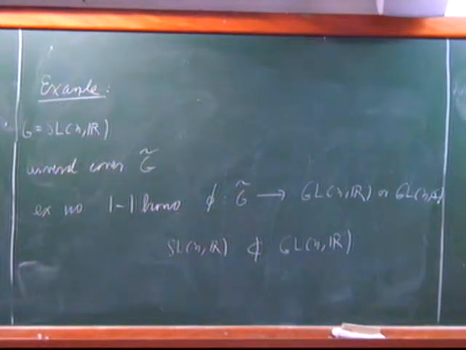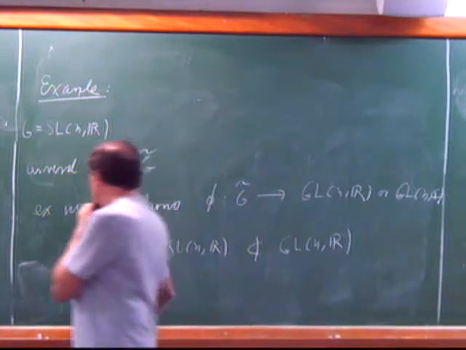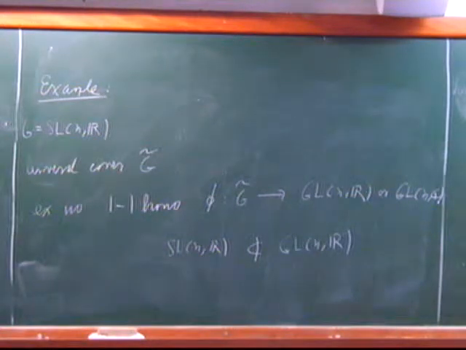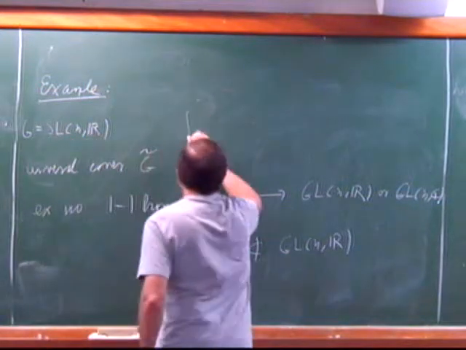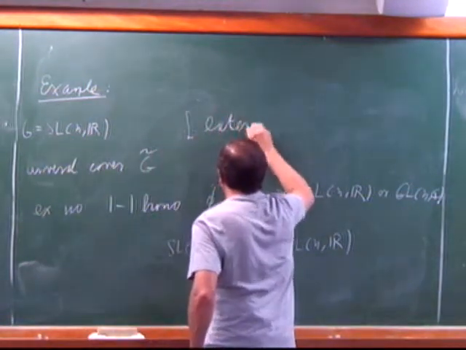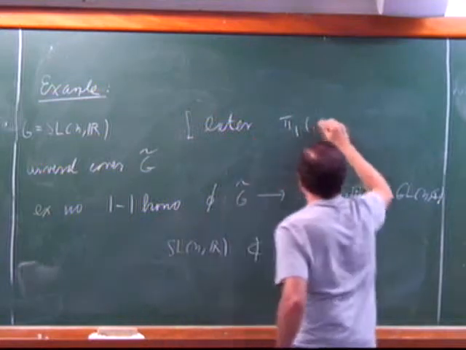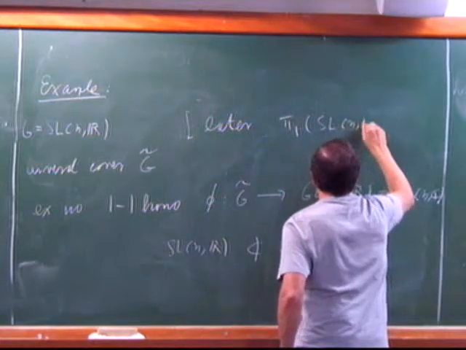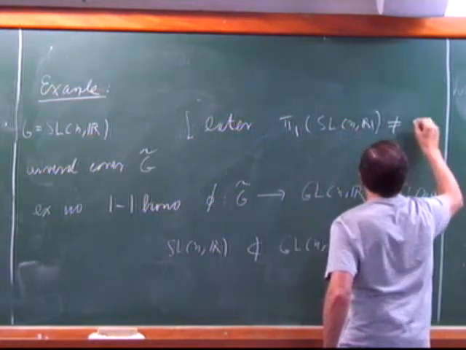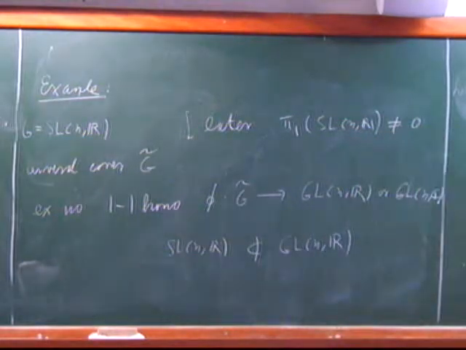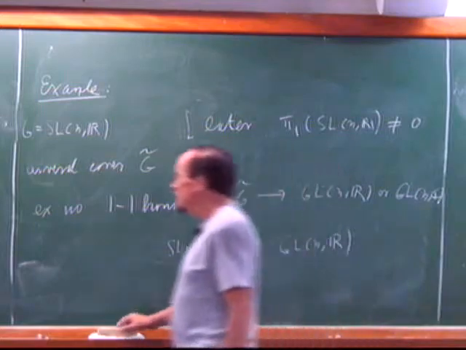So I promised that earlier on. Of course, for this to even make sense, I have to know from something we're going to see next week that the group is not simply connected. Otherwise, we'd have the same group. Right? Let's accept this for the moment that this is not a simply connected Lie group.